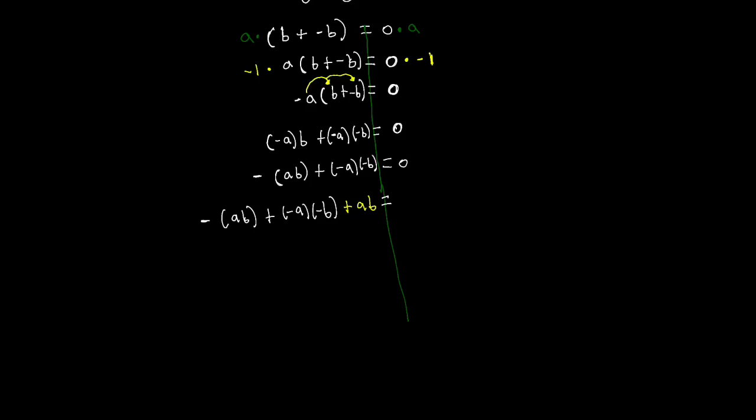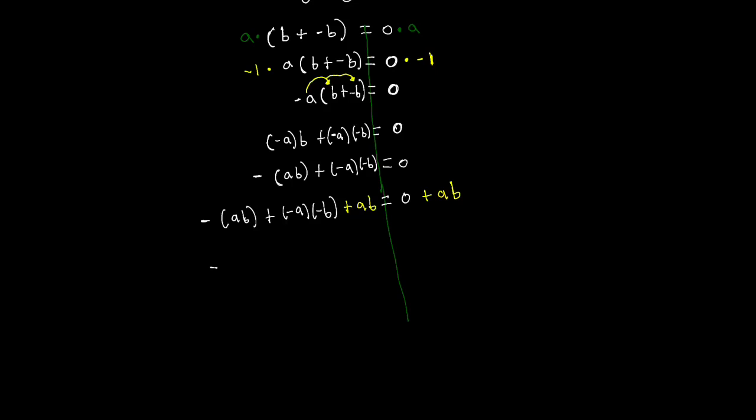But again, whatever I do to the left, I have to do to the right. So here I'm going to add AB. Now I'm going to use the commutative property of addition, which basically says that whenever you're adding two things, you can switch the position. So I'm going to move the AB to the position of -a times -b, and the -a times -b is going to move to the position of AB.